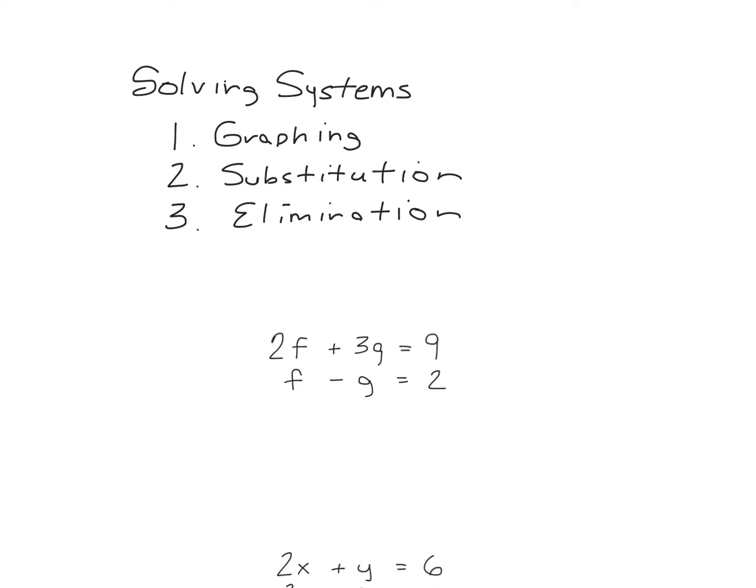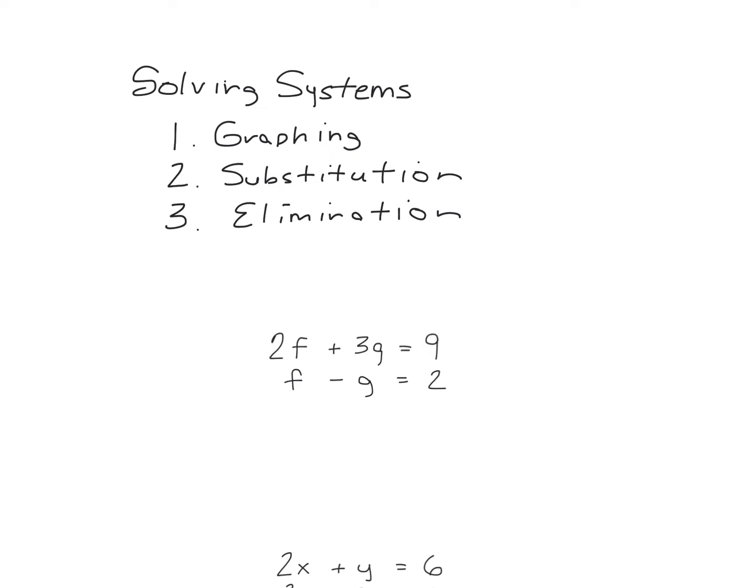So today's lesson, we've been working on solving systems, and we've done this by graphing, which is fairly easy at times. Sometimes it's harder if those points or that point of intersection is not exact. We did this by substitution, which I think you've been very successful at.